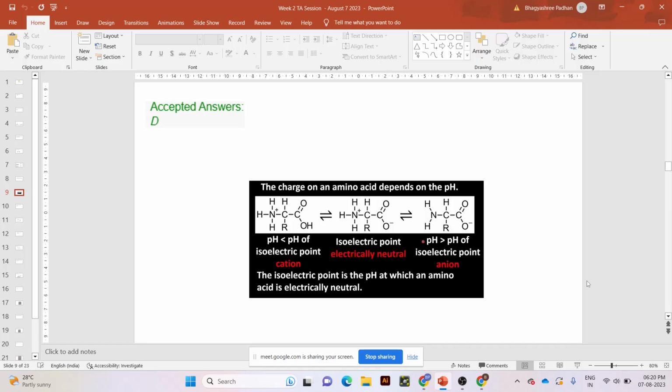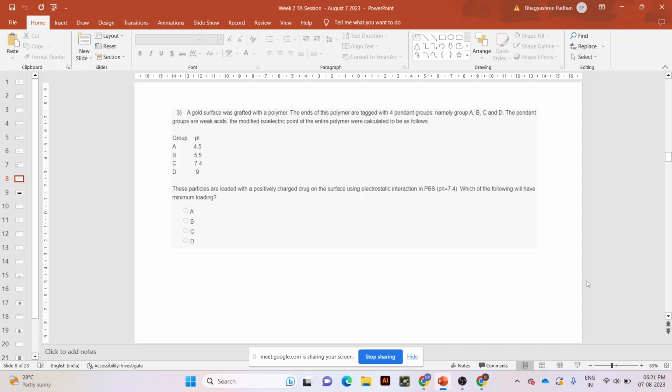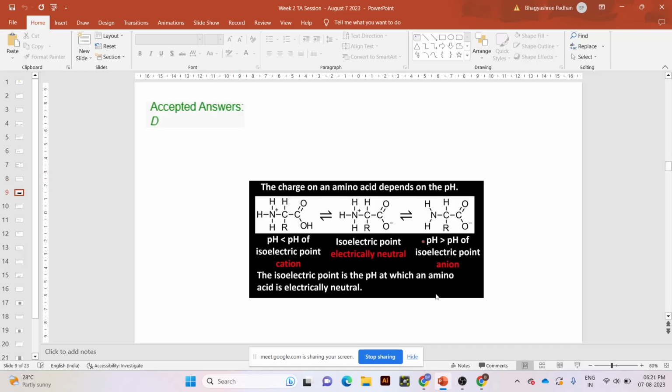So if the pH is less than the isoelectric point, it will be positively charged. And if the pH is greater than the isoelectric point, then it will be negatively charged. Here our pH is 7.4, and only D has an isoelectric point greater than pH 7.4.